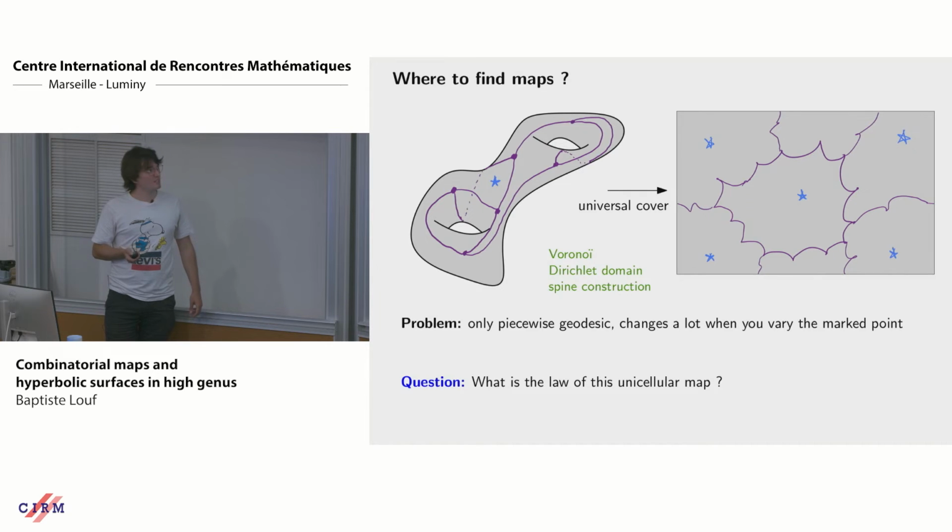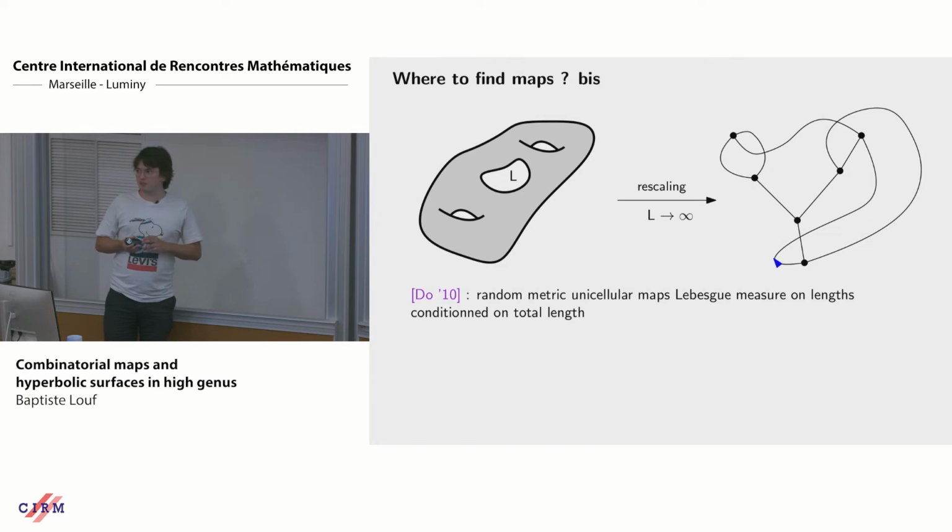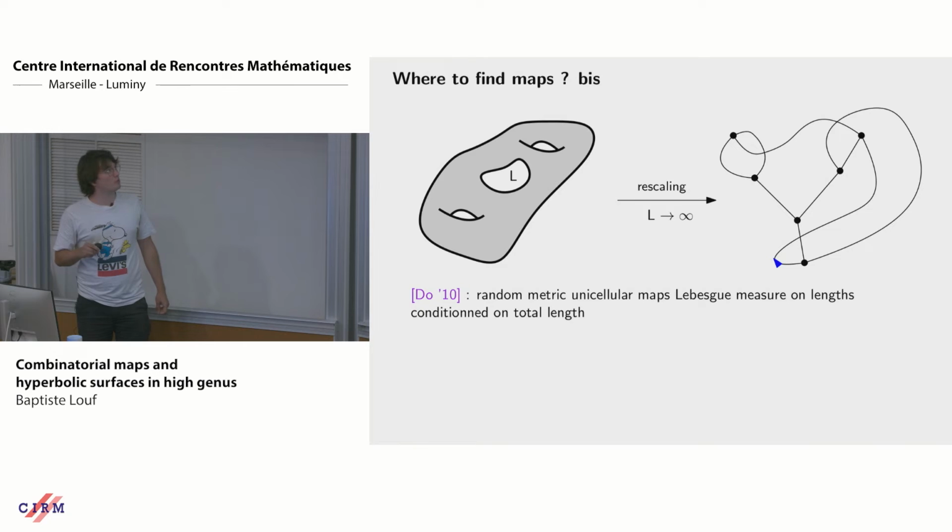Okay. There's another way of finding maps on surfaces, and we learned this in Elise's talk. It's something due to Norman Do. Now you take a map with a boundary, just one boundary, and you fix the genus. No, it's not a map, it's a hyperbolic surface, sorry. You fix the genus, and then you look at a surface with a boundary of length L, and then you take L to infinity.